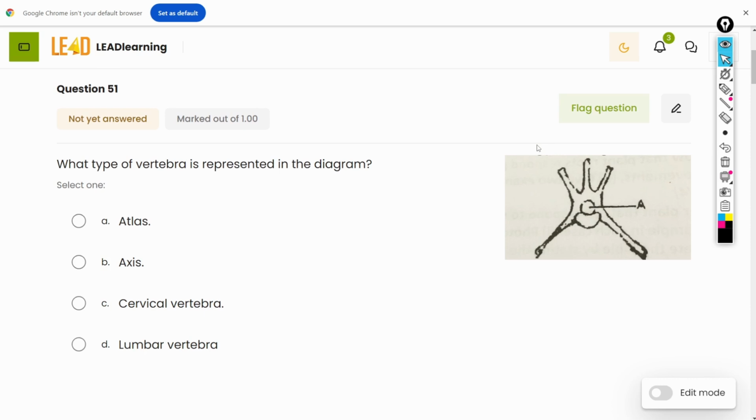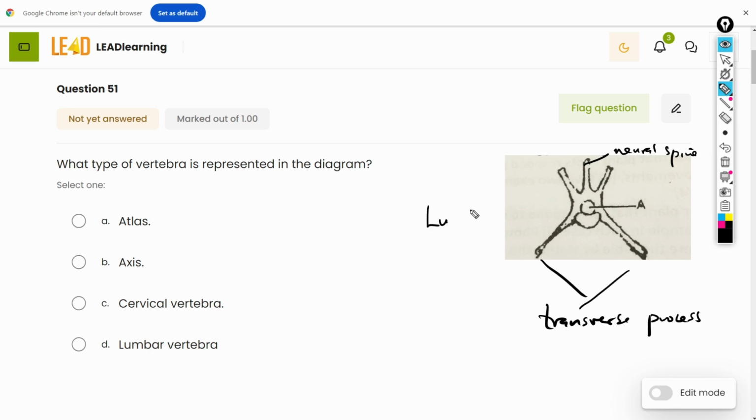Question 51. What type of vertebra is represented in the diagram? Now, the vertebra that has two very prominent transverse processes accompanied with a prominent neural spine is the lumbar vertebra.